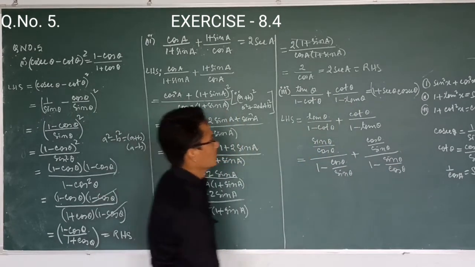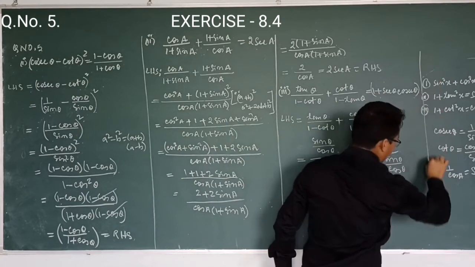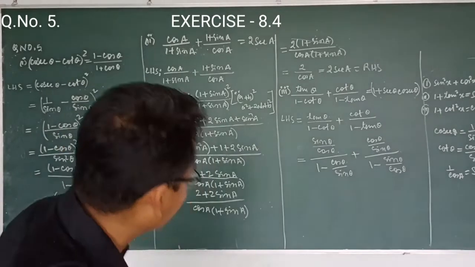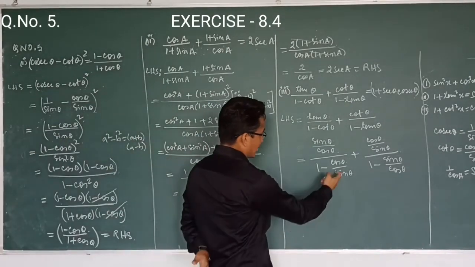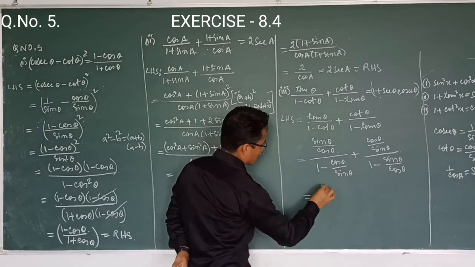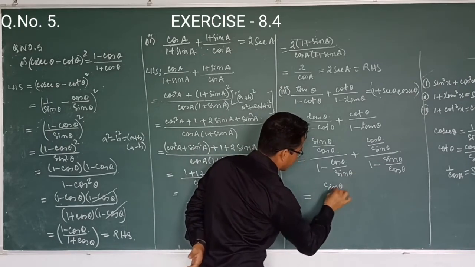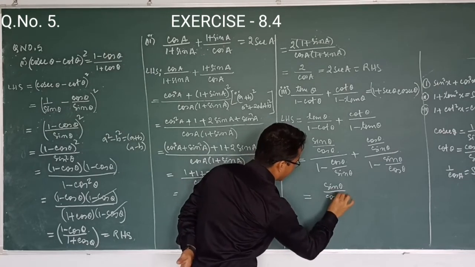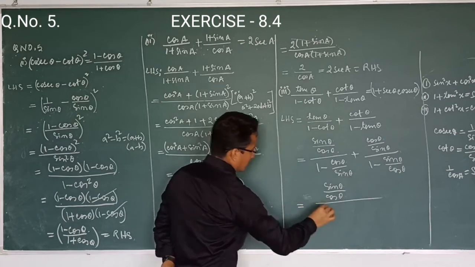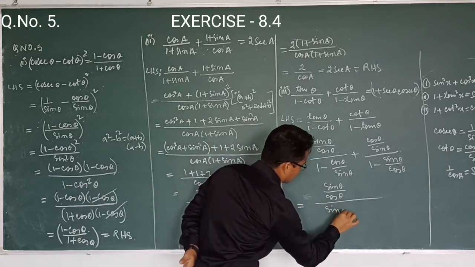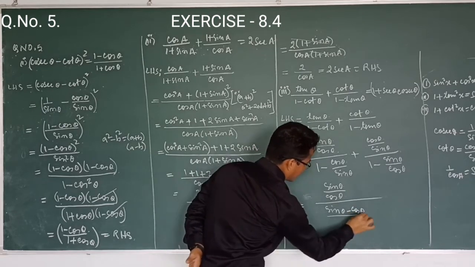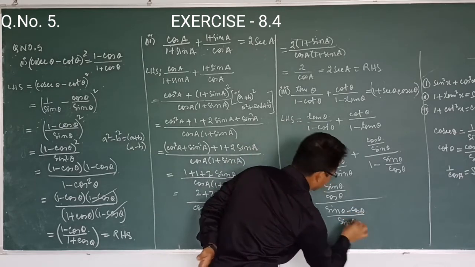So this is our formula. After that we simplify. We multiply this here, that means we take the LCM. So sin theta by cos theta divided by this, equal to, I will write here, sin theta minus cos theta divided by sin theta.